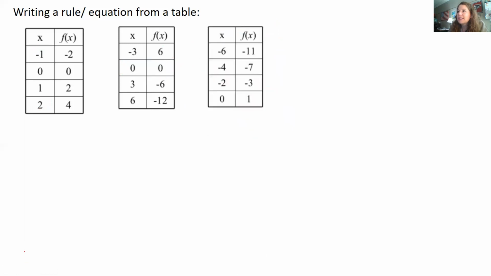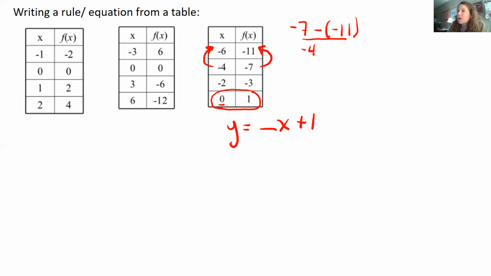All right, now here is another one. Once again, they give us the y-intercept because they gave us x equals 0. So we don't know our slope yet, but we know our y-intercept is plus 1. So go ahead and pause me and see if you can figure this out. All right, so did you guys do your change in y over your change in x? So negative 7 minus negative 11 over negative 4 minus negative 6.